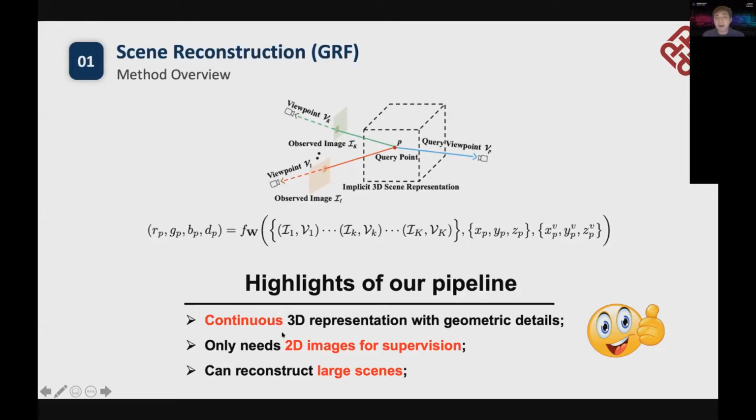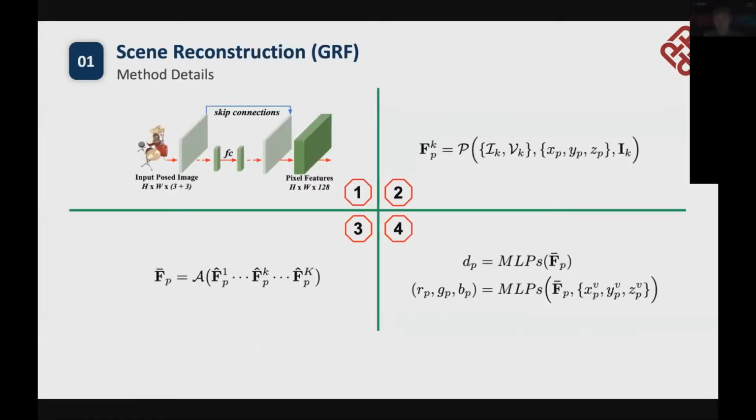So here, the highlight is our method models the 3D scene as a continuous 3D representation. And also it only needs 2D images for supervision. Of course, our formulation does not care about the content of the scene, whether it is an object or complex scenes. Right, simple enough.